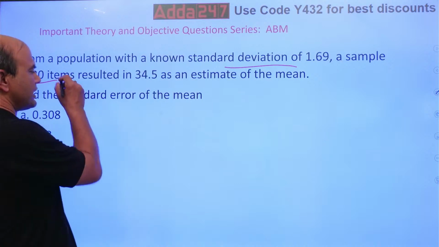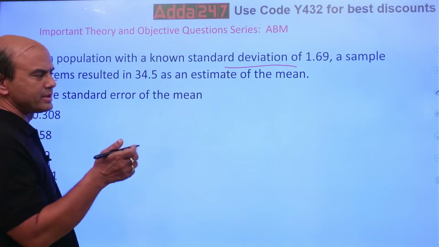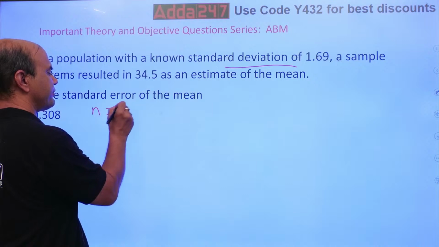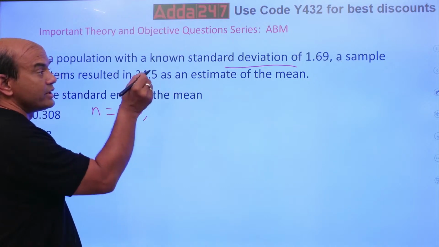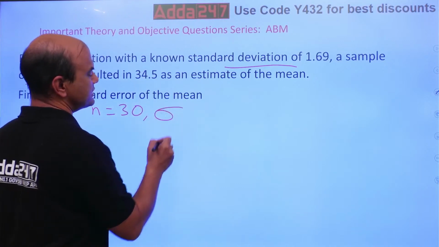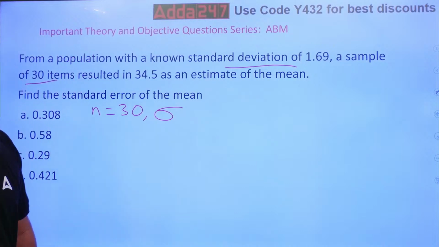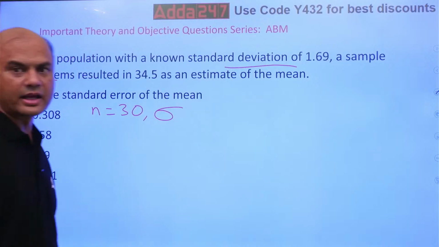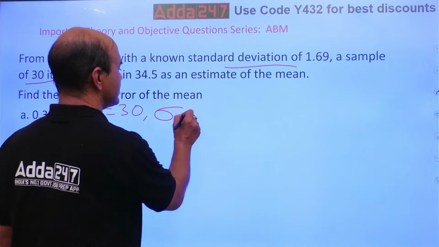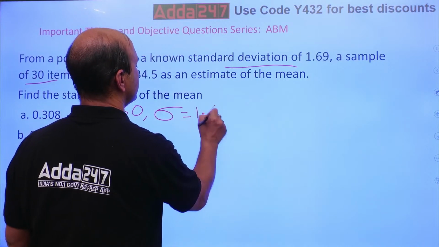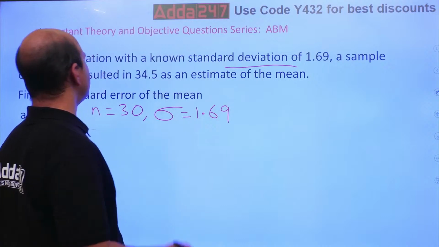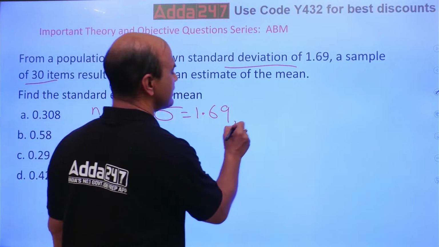See this. N means number of samples, so N equals 30. Standard deviation is known as psi. Psi is written like this. This is the Greek alphabet. Psi equals what is given? 1.69. And next, mean.